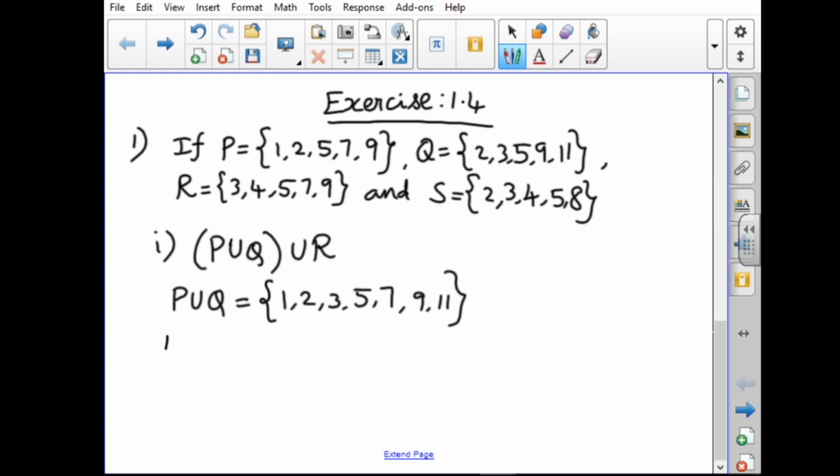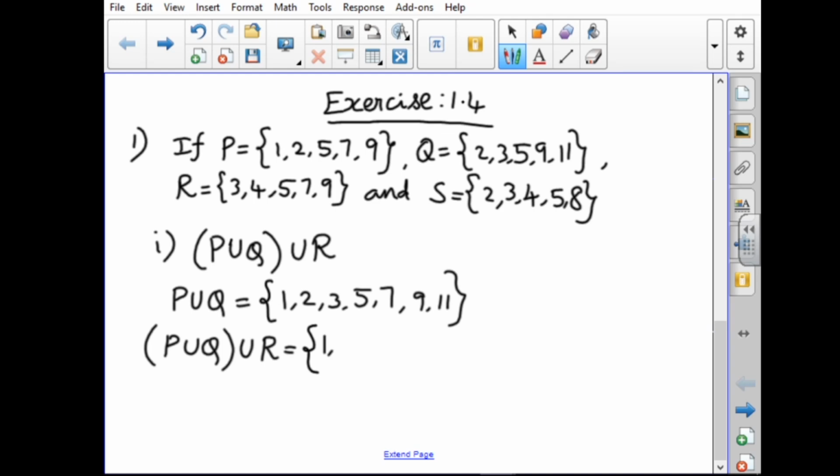Then you should find P union Q with union R. We already found P union Q. Then you should use union with the R set. See the R set, what are the extra elements? 4 is the extra element.